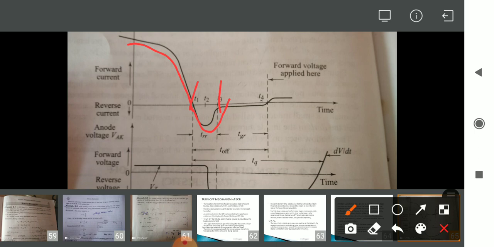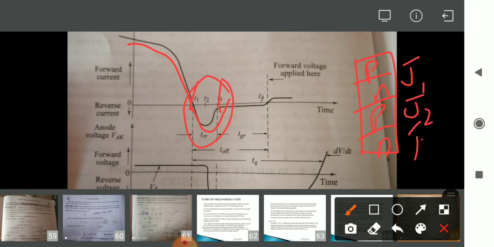This current removes excess charge carriers from the outer layers, that is from T1 to T3, in the junctions J1, J2, J3. So in this time, whatever the reverse current flowing in the SCR, that is from T1 to T3, it will remove the excess charge carriers from the outer layers, that is junction J1 and J3.